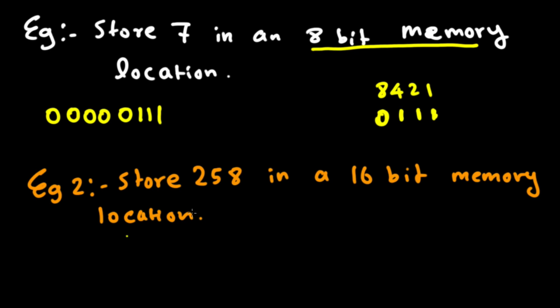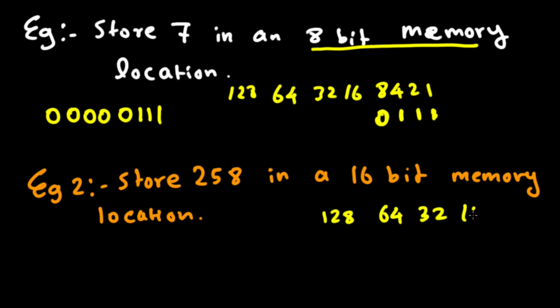If you continue like this, we have 1, 2, 1 times 2 is 2, 2 times 2 is 4, 4 times 2 is 8, 8 times 2 is 16, 16 times 2 is 32, 32 times 2 is 64, 64 times 2 is 128. And you have to see how much we need to make 258. Now let's see whether we can do it with these numbers: 128, 64, 32, 16, 8, 4, 2, 1.